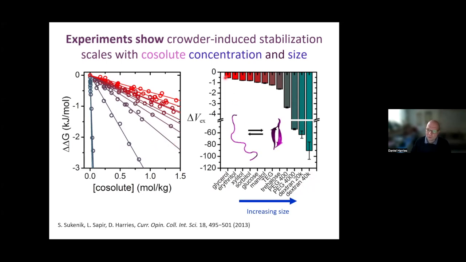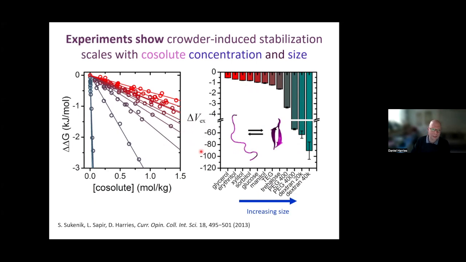And here we see it just in terms of the slope itself, which is related to this change in excluded volume. Indeed, it fits what we would expect. Also, the concentration dependence fits this linear dependence of osmotic pressure times change in excluded volume.